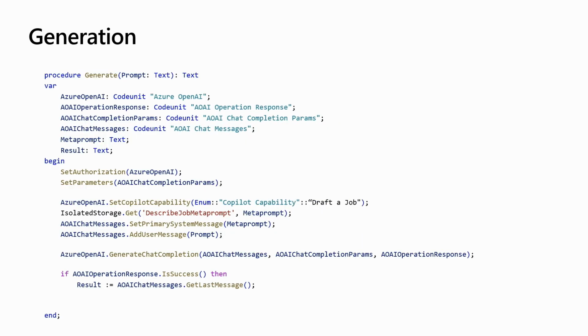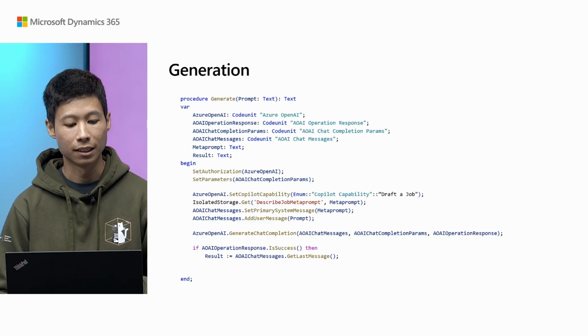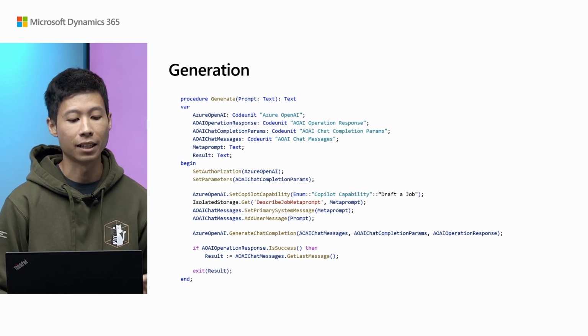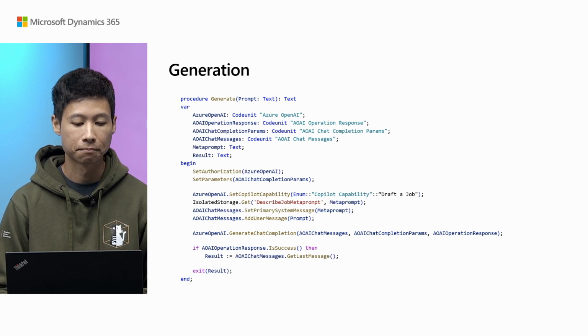The first thing I do is check, was this successful? And in my case, when it is, I just want to get back the result from the last message, and it would just be the XML format. I can just return that and do some post-processing of that XML after that.